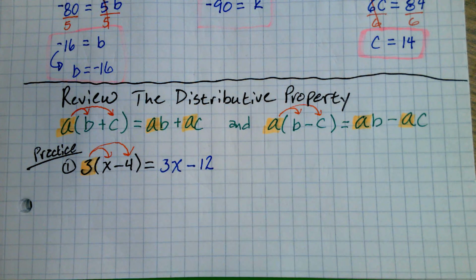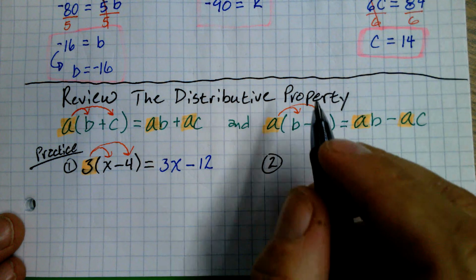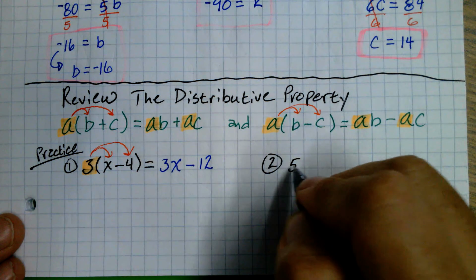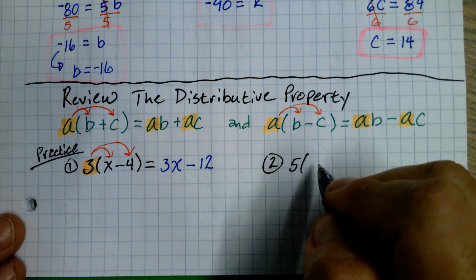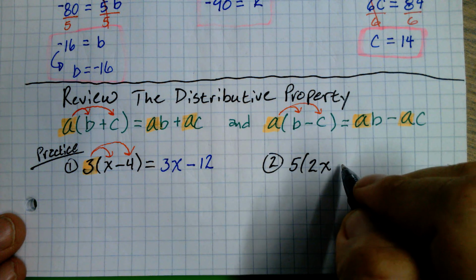Okay, let's do number 2: 5 times the quantity 2x plus 7.